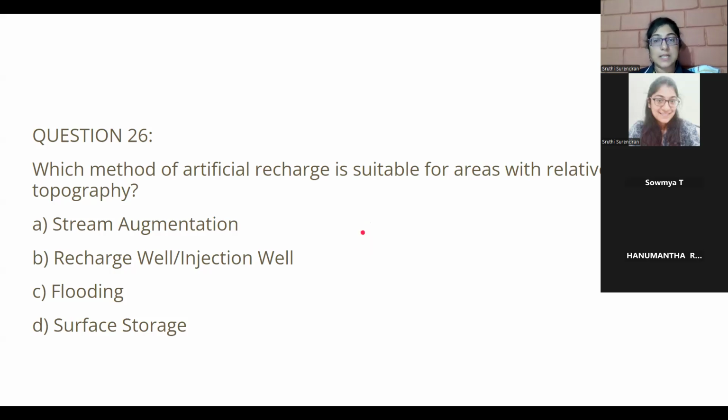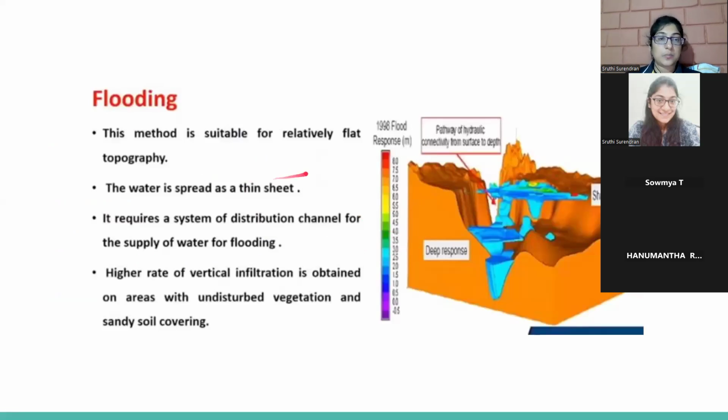So flooding is more suitable for relatively flat topography.